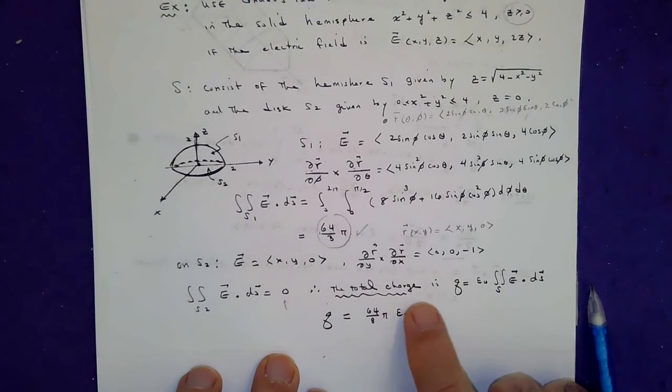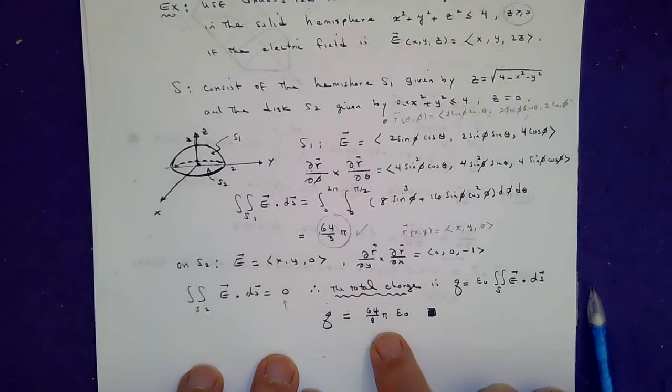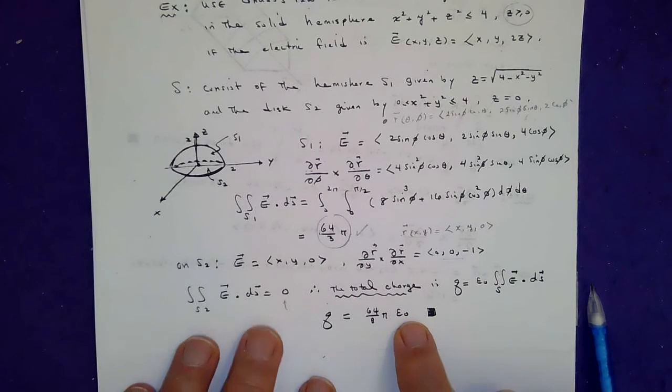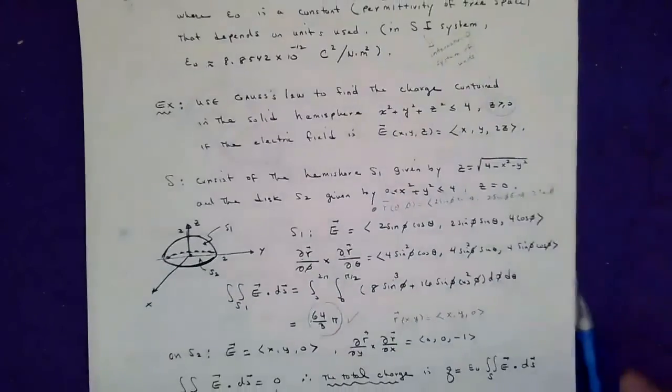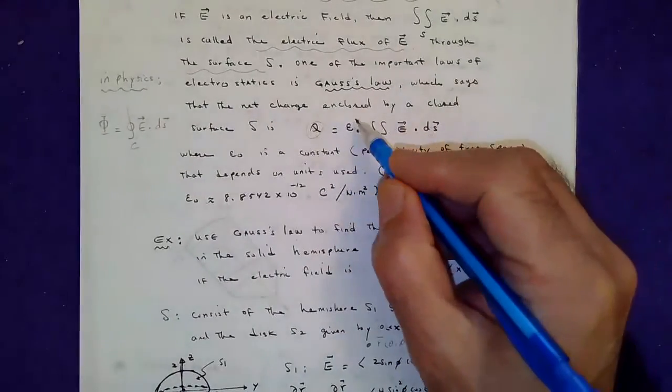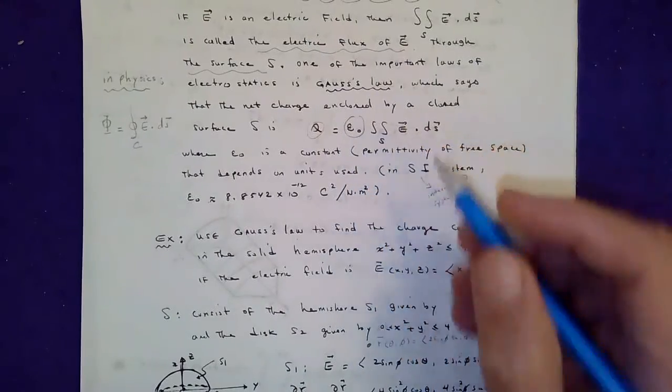And basically the total charge is 64 pi over 3. And this is that constant which you have to carry over. This has to be multiplied by your integral.